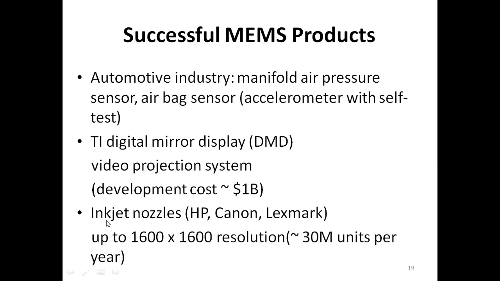Another very well-known product, inkjet nozzles, which is actually used in the printers, laser printers, HP, Canon, Lexmark. In all those printers, we have micro nozzles, and there are 1600 by 1600 micro nozzles, which make the resolution of 1600 by 1600.